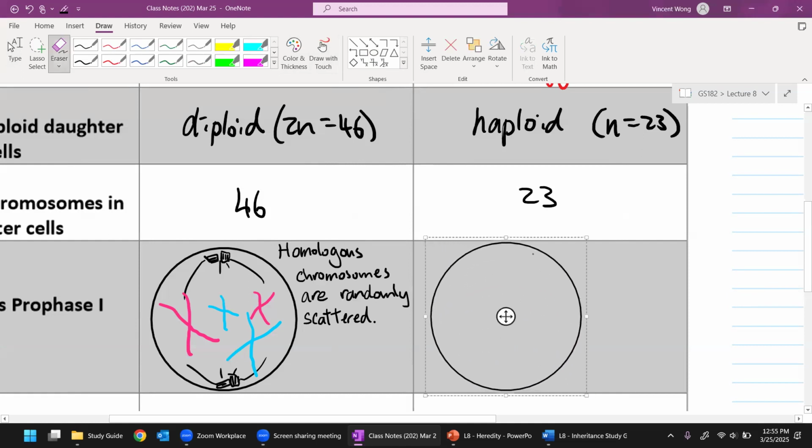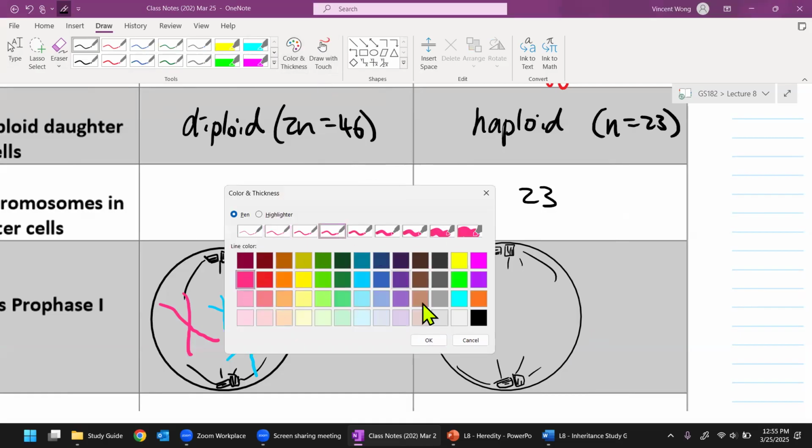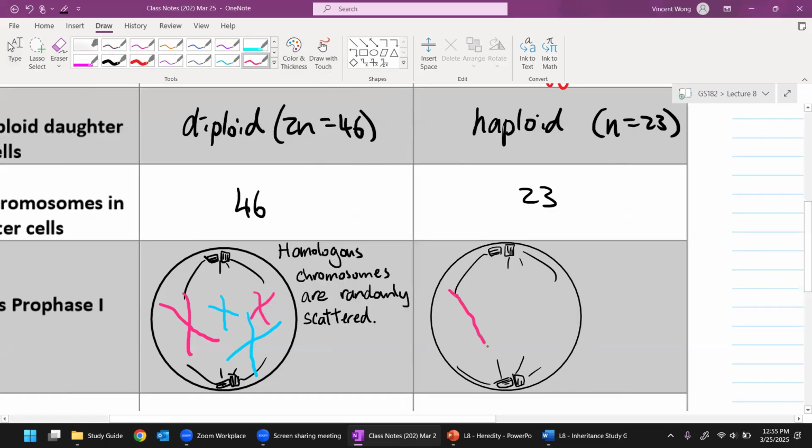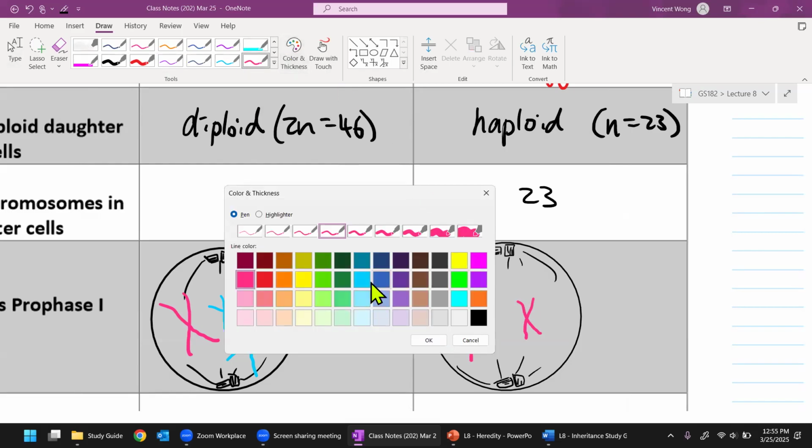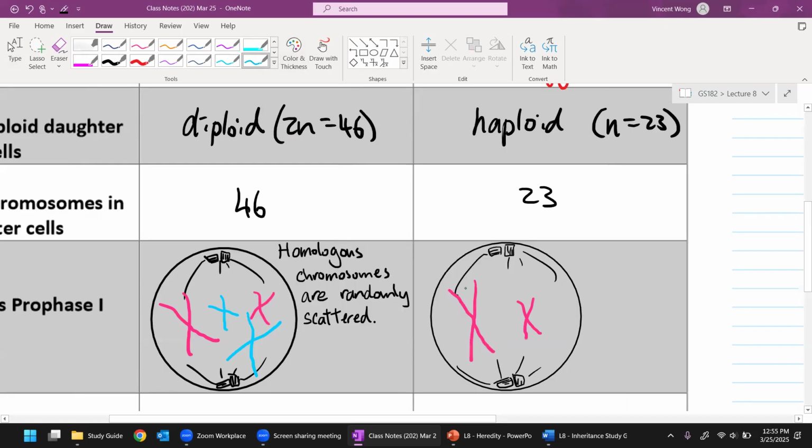So here is the cell. We will have our centrioles again. And this time, what's really interesting is the homologous chromosomes will pair up. They will find each other. Chromosome 1 from mom, from your mother, will find chromosome 1 from your father.